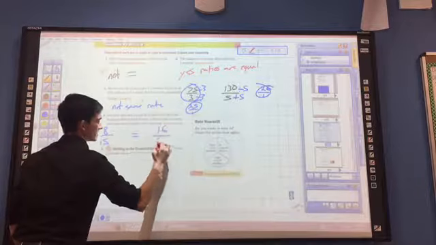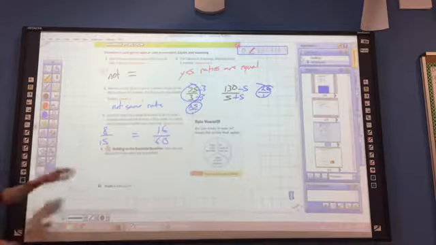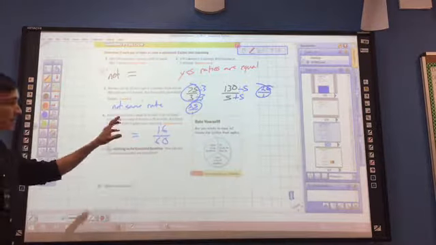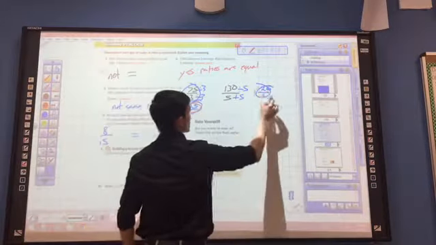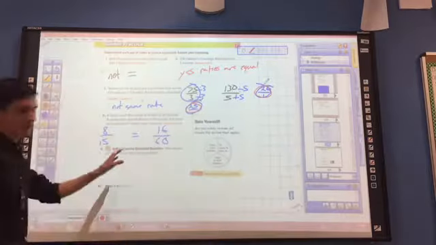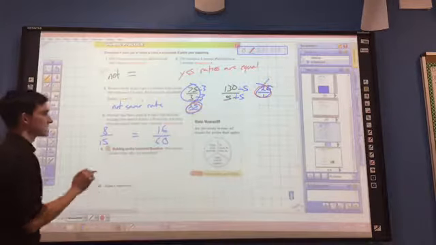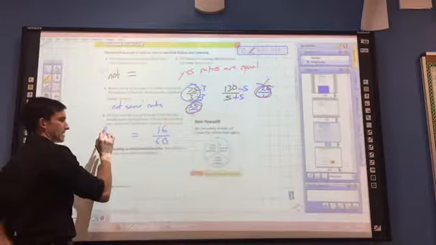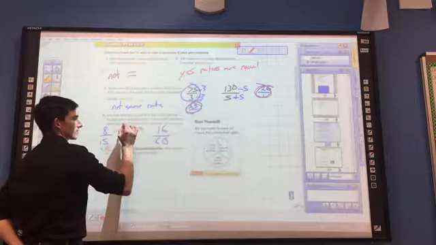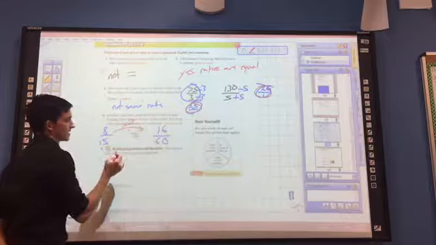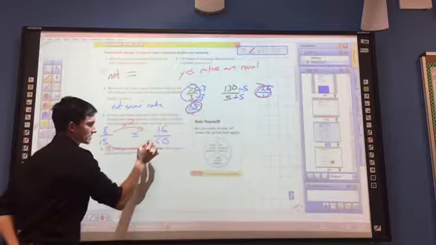16 and 60. Now, I like this one because this is the first one that I'm not going to make a unit rate. So you see how I made unit rates on all these. This one I'm not going to because I think it's easier to say it this way. 8 times what is 16? That's times 2. 15 times what is 60?